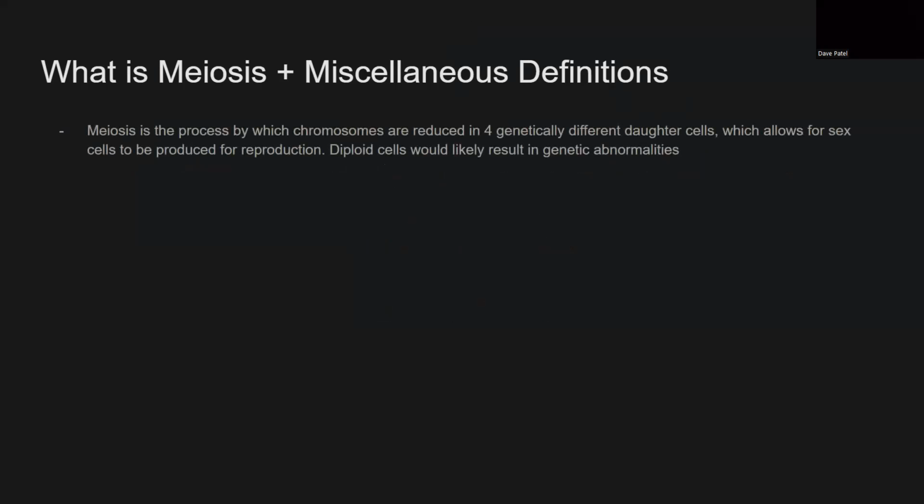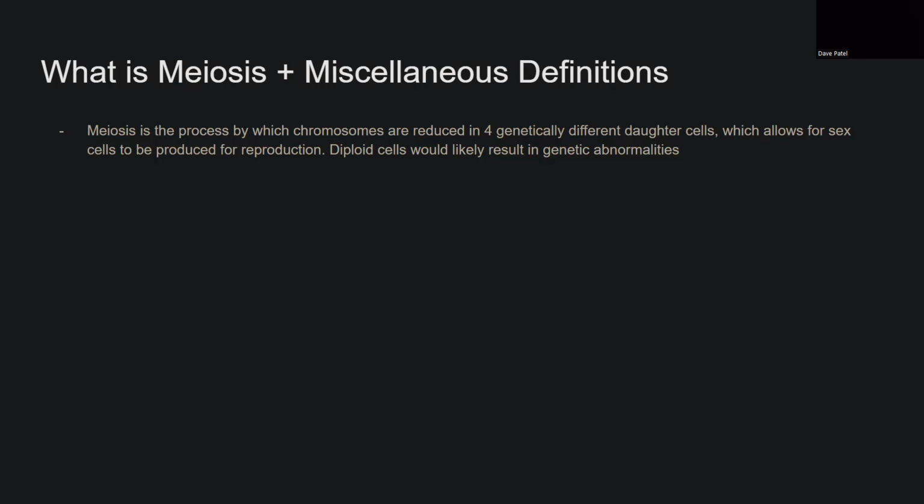Meiosis is the process by which chromosomes are reduced into basically 4 genetically different daughter cells, which allows for sex cells to be produced for reproduction, so eggs and sperm. This reduction is necessary because if you have a diploid cell and try to convert that diploid cell into a sex cell, that is likely going to lead to genetic abnormalities, genetic problems within the baby.